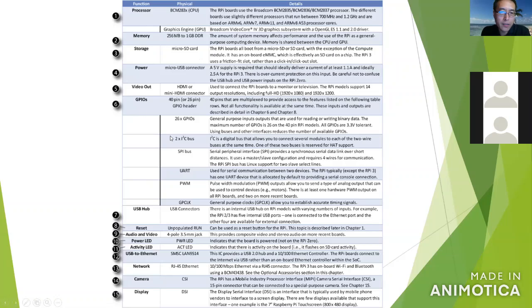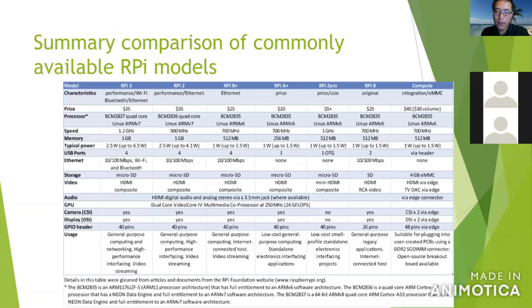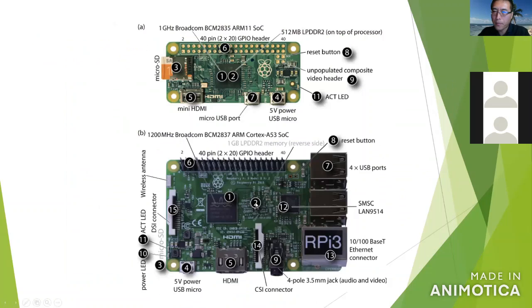Okay. And then number 6, you see here, this is the most important thing for us to understand because this provides the interface between the Raspberry Pi board and the external world. So external world means what kind of devices you want to connect to the Raspberry Pi. For example, if you want to measure the temperature of your room, you have to have a temperature sensor.